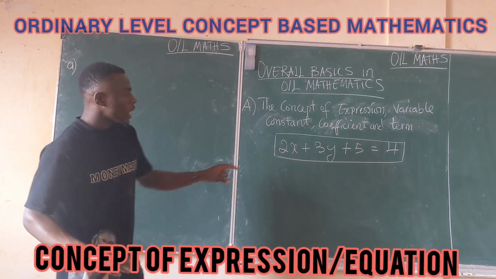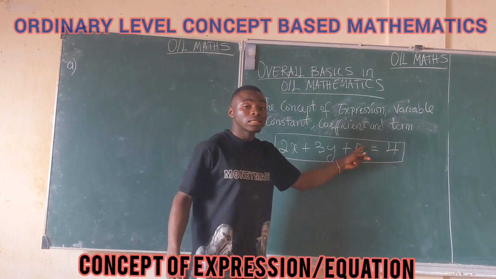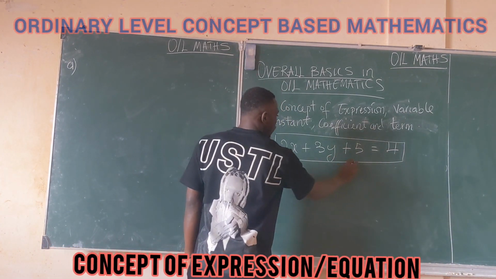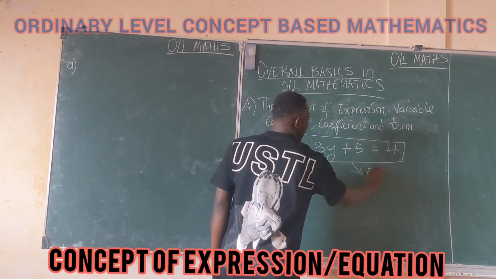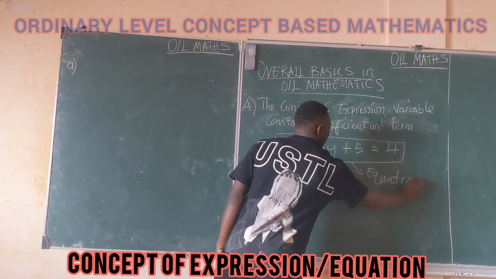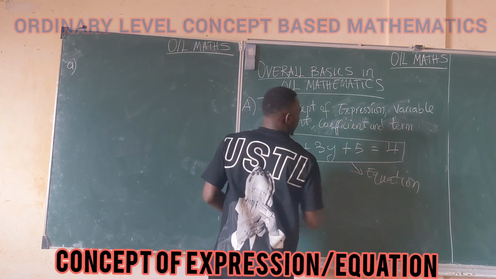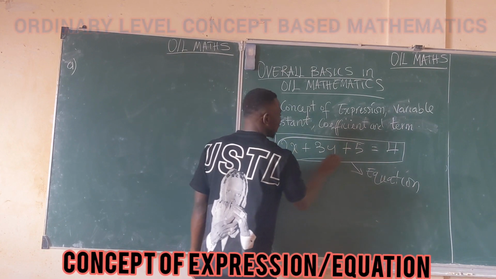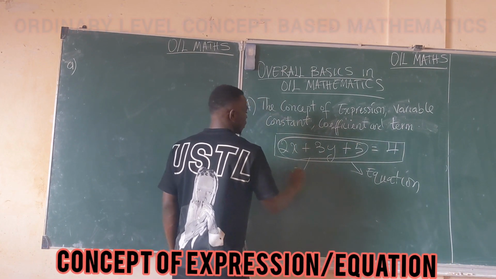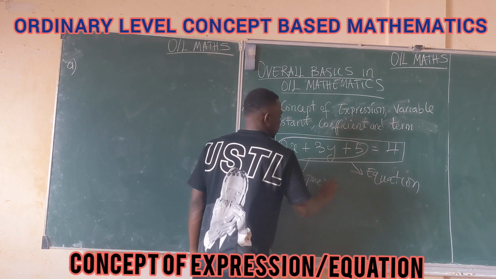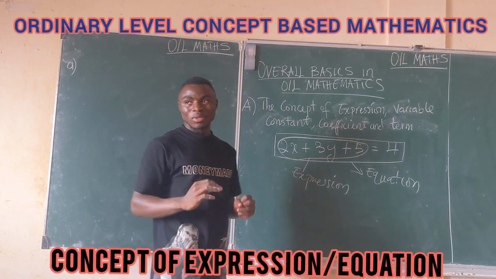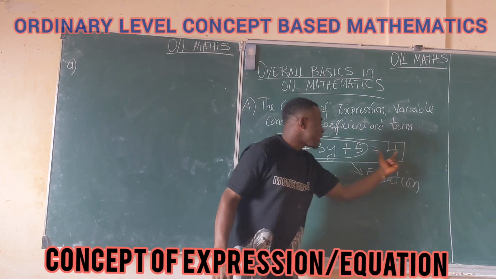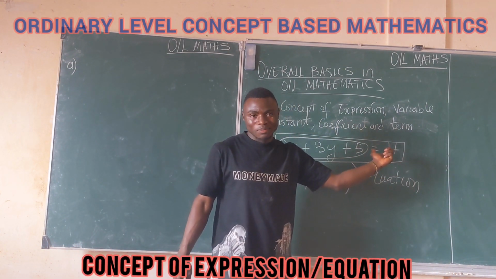But when an equality sign comes in, it becomes an equation. If we take away the equality sign, what is left is called the expression. That means an expression is one-sided. If it's an equation, we have the left-hand side and the right-hand side separated by the equality sign.